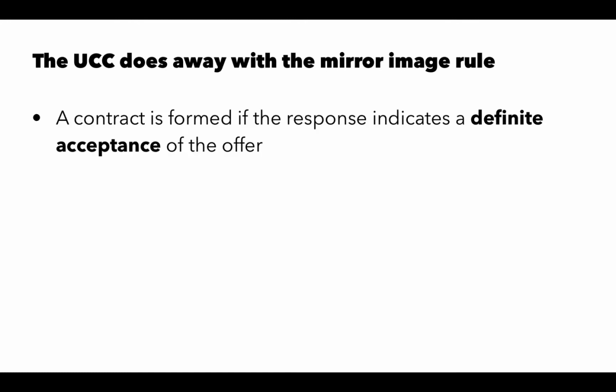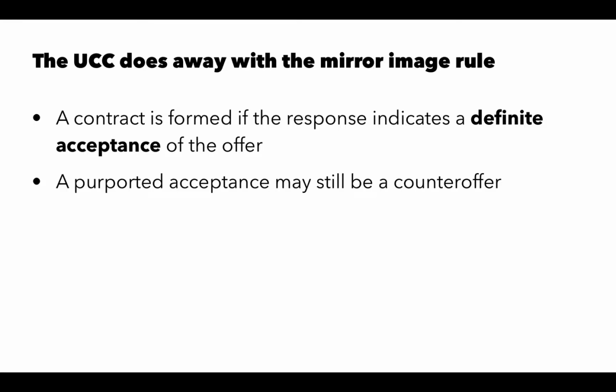The mirror image rule takes the position that a contract is formed if the offeree's response indicates a definite acceptance to the offer. Now, under the UCC, this is going to be changed. A contract is formed if the response indicates a definite acceptance of the offer, even if the acceptance includes additional or changed terms, even though the acceptance does not mirror the offer.